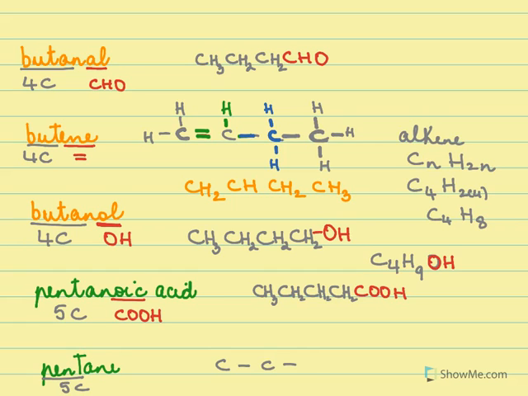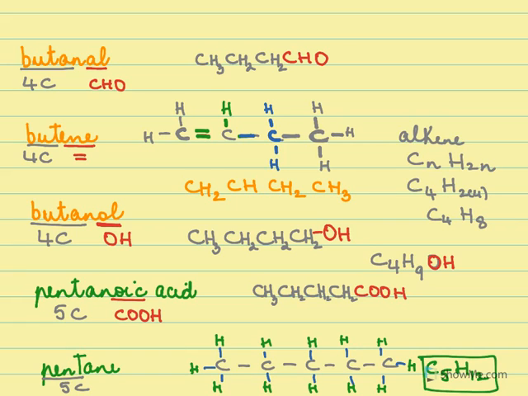So 1, 2, 3, 4, 5. And to that we keep adding our hydrogens. And if you do that, you will find the formula will be C5H12. There will be 1, 2, 3, 4, 5, 6, 7, 8, 9, 10, 11, 12 hydrogens. So this is your pentane.